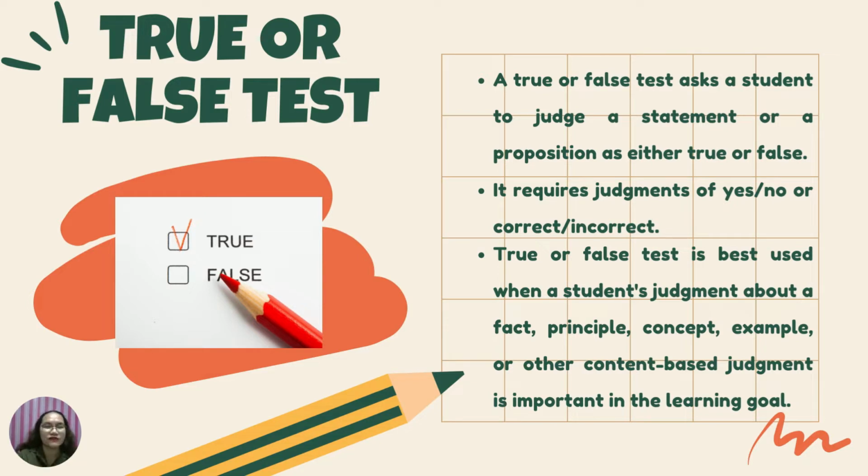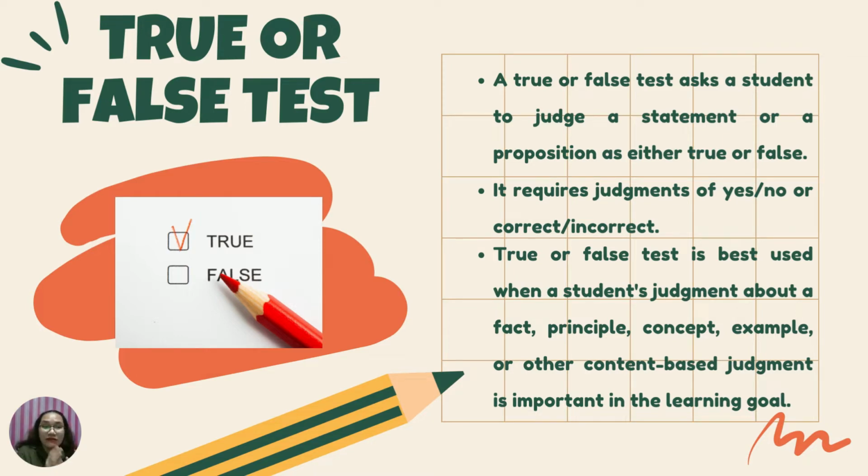Now, let's discuss first what is a true or false test. So, a true or false test asks a student to judge a statement or a proposition, meaning to say they are going to make choices or they are going to decide which is true and which is false. So when we say true, or if the statement is true, meaning to say that the statement is presenting facts or stating facts.